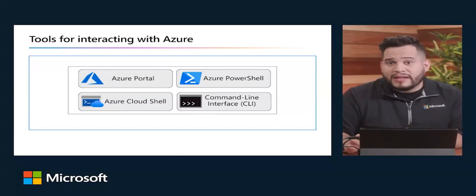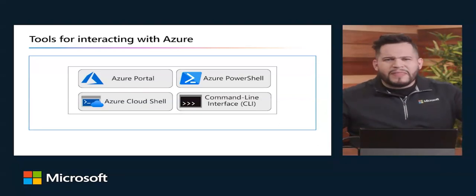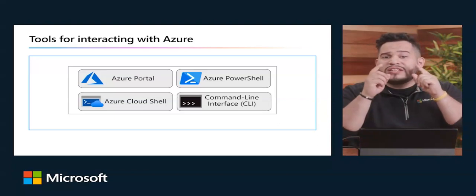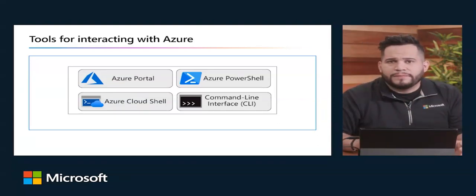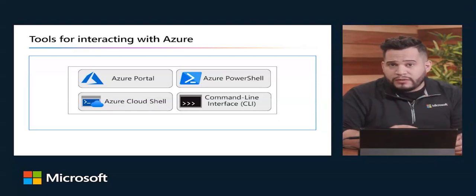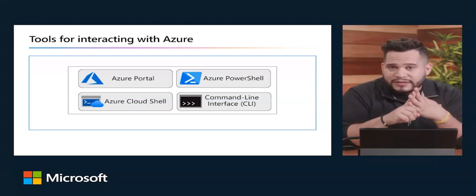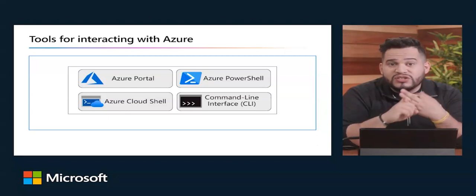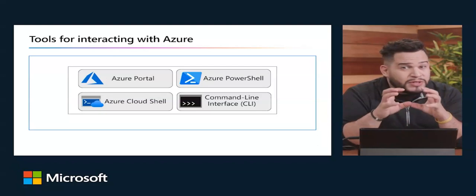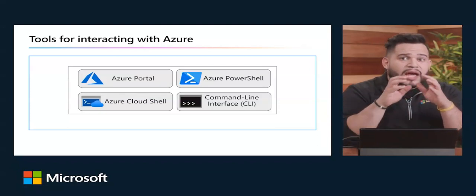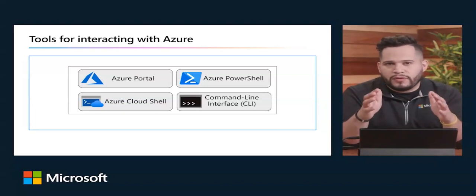Now, the nice thing with commandlets is that they can be executed independently, or you can combine them all together into a single script and execute them simultaneously. Now, Azure PowerShell is available for Windows, Linux, and Macs. And Azure CLI is also available for Windows, Linux, and Mac. And it's pretty much identical to PowerShell and what you can do with it. It's really just the syntax that you're using for both.